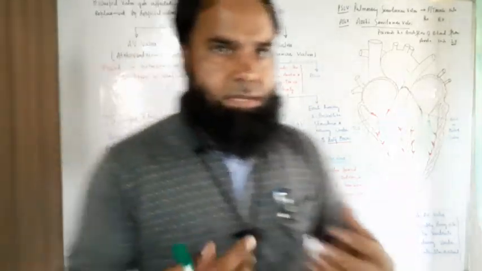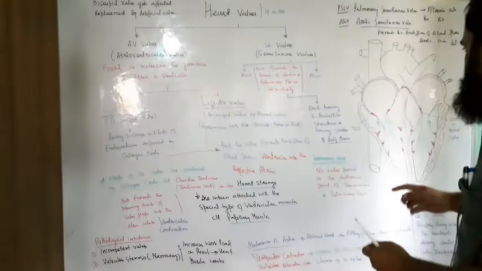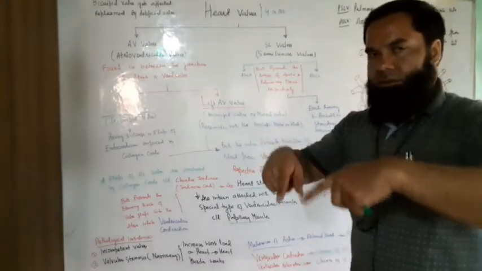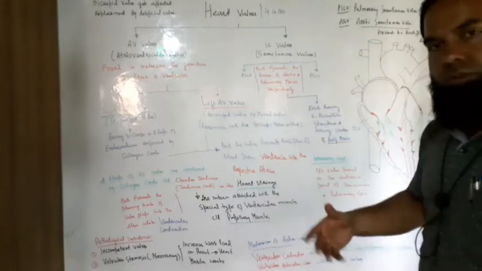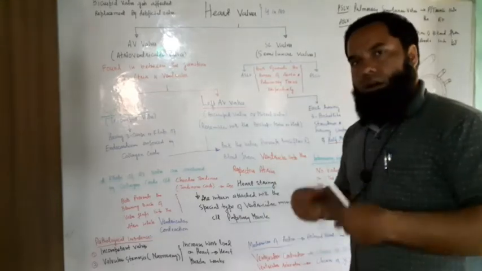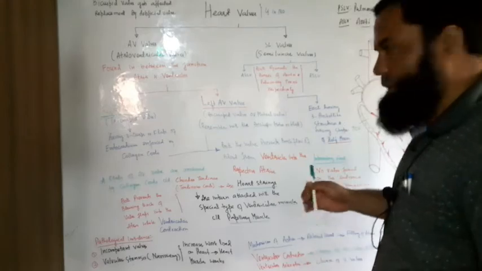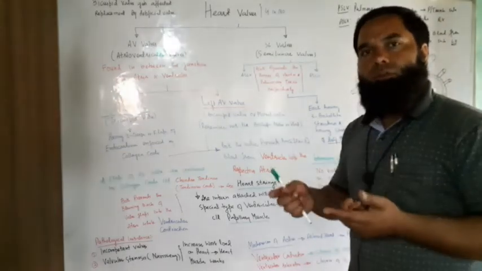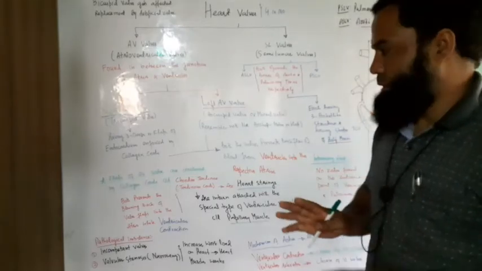That means when the ventricles contract, the valves remain in a closed condition. I will tell you in the mechanism of action how they work with each other, how the ventricular contraction takes place, and how the closing and opening of the AV valves takes place.